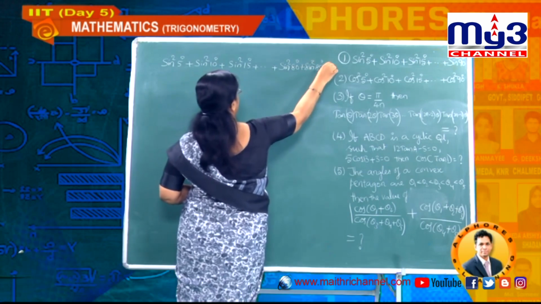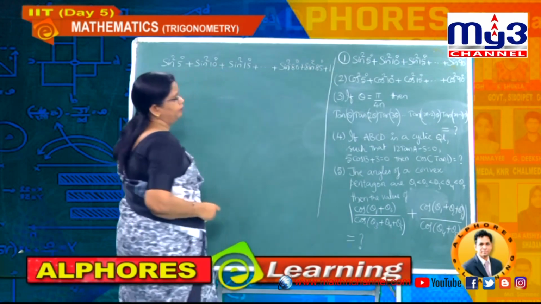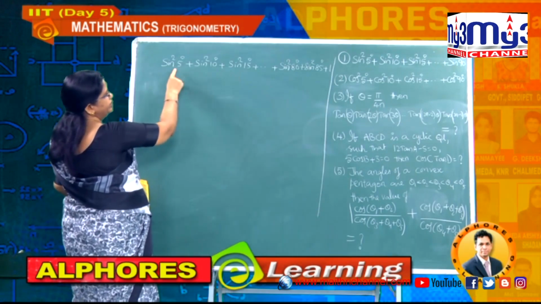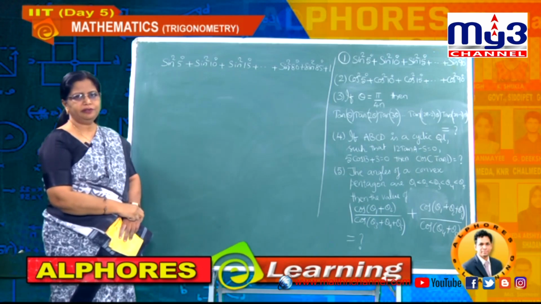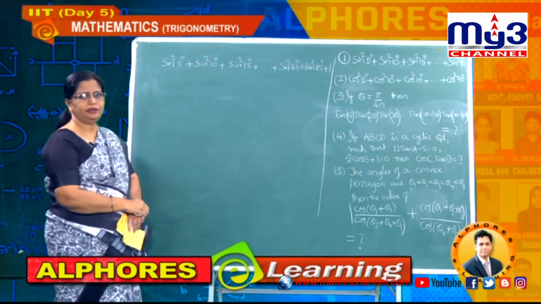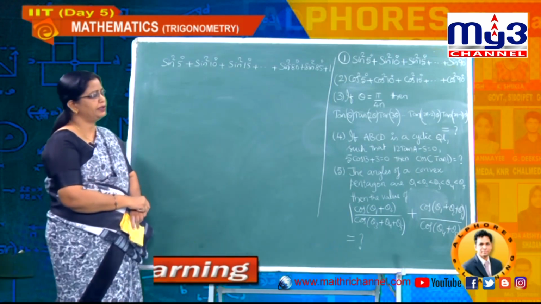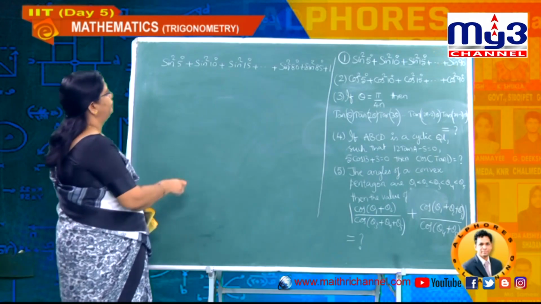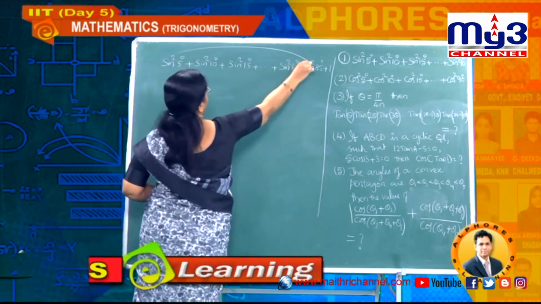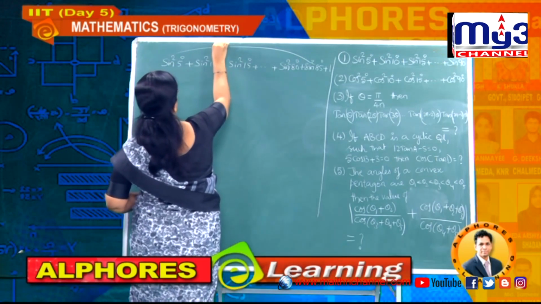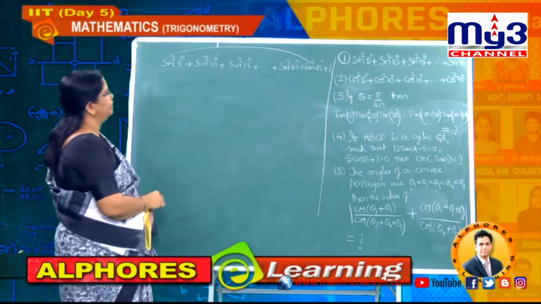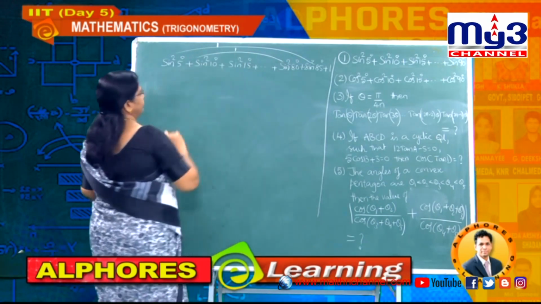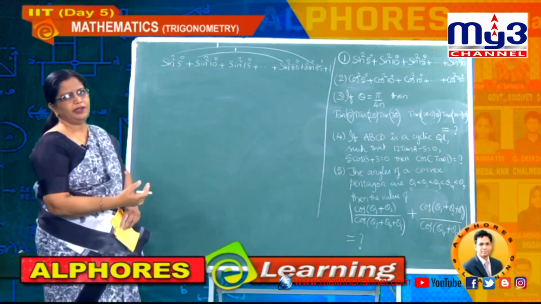After that, the value you know is 1. Now, what is the sum of these two angles, first one and last one? You know very well, just now we observed the formula: when a plus b is 90 degrees, then sin square a plus sin square b equals 1. Therefore, this combination is obviously 1. Then what about the next combination? This is also 1, because the sum of angles equals 90 degrees.